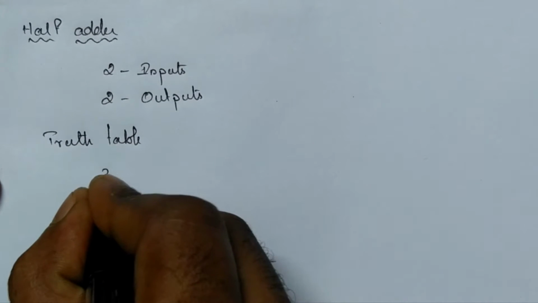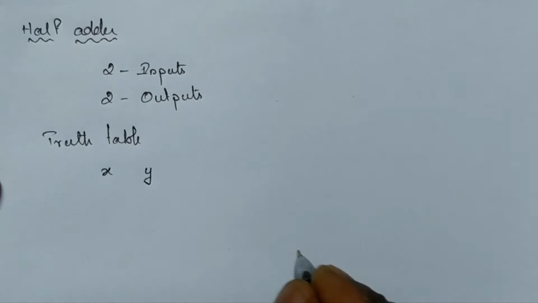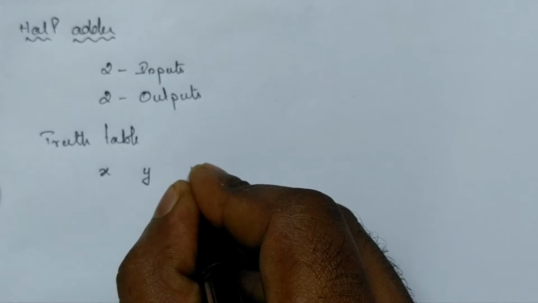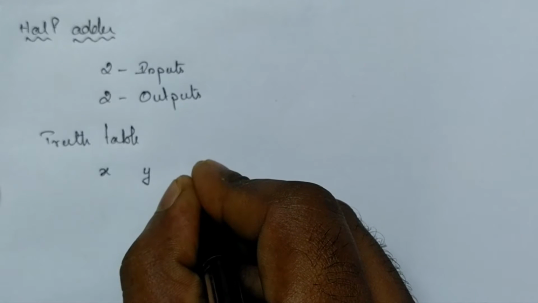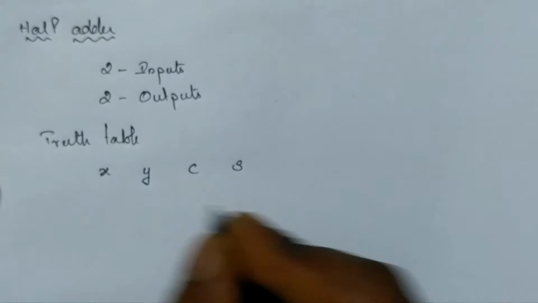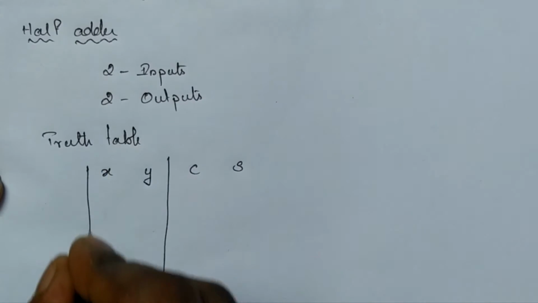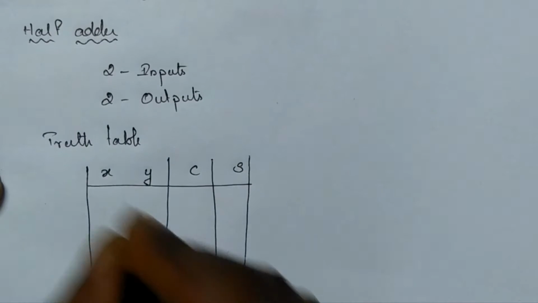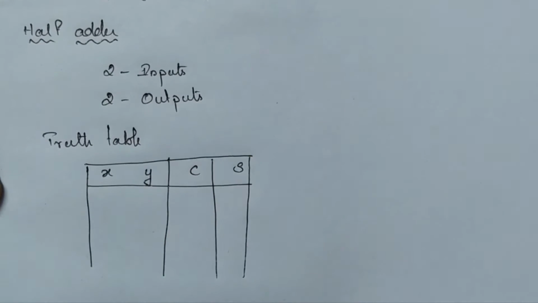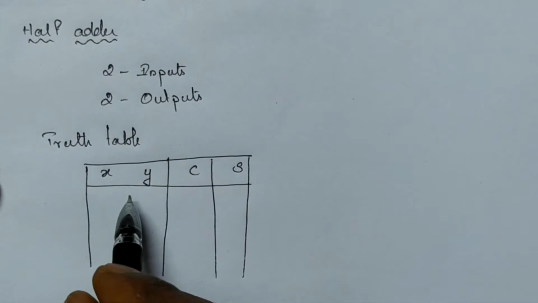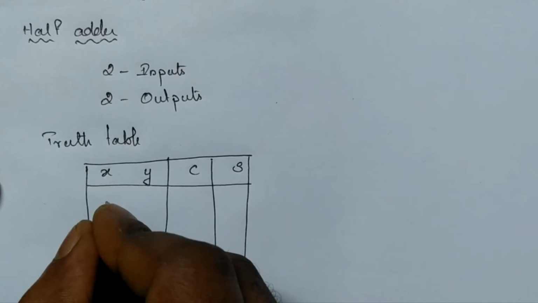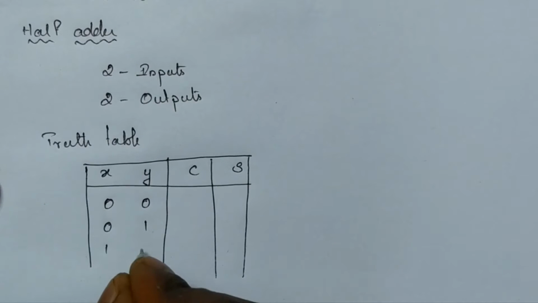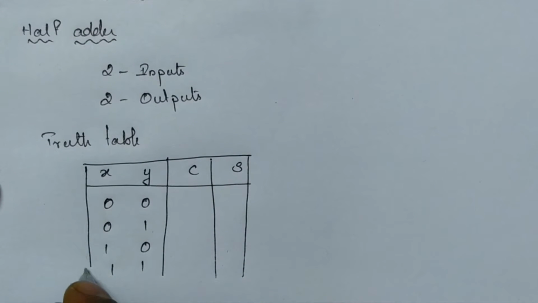Consider the inputs as x and y and the outputs as carry and sum. Here we are having two inputs, therefore the possibilities are 0 0, 0 1, 1 0 and 1 1.